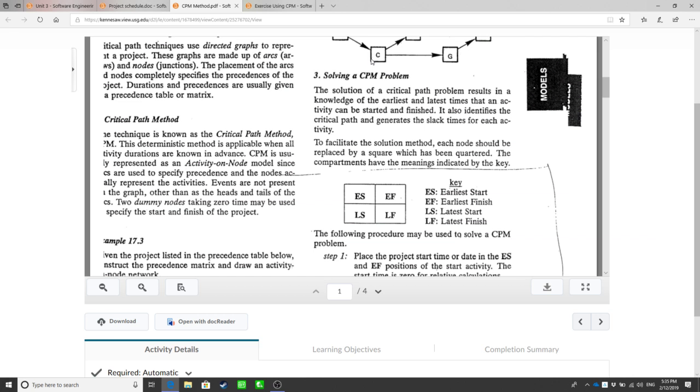The earliest finish time is the earliest start time plus the duration of this activity. Like I can start a lecture at 5, and I have an hour duration for the lecture. So the earliest finish time is going to be 5 plus 1 hour, which is 6, right? And I have to finish this lecture at 6:15.